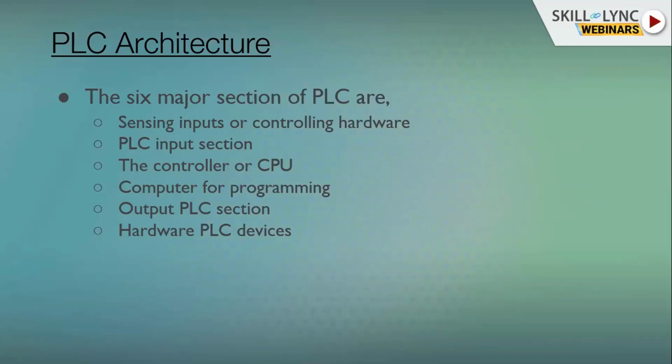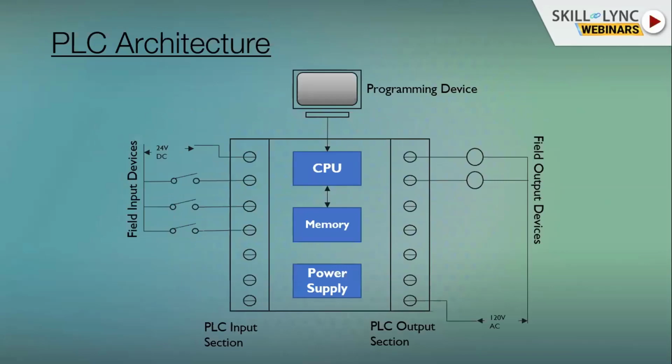Then the PLC output section, which is wired with our field devices to run the output, and hardware PLC devices, which are field devices themselves, such as a motor starter, a pneumatic valve, or control valves.